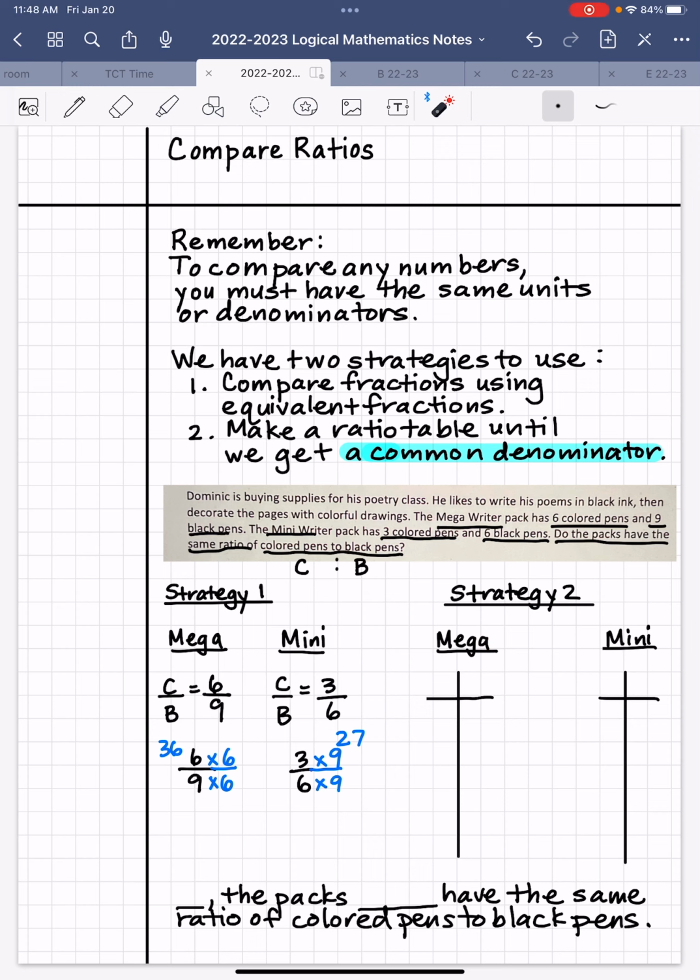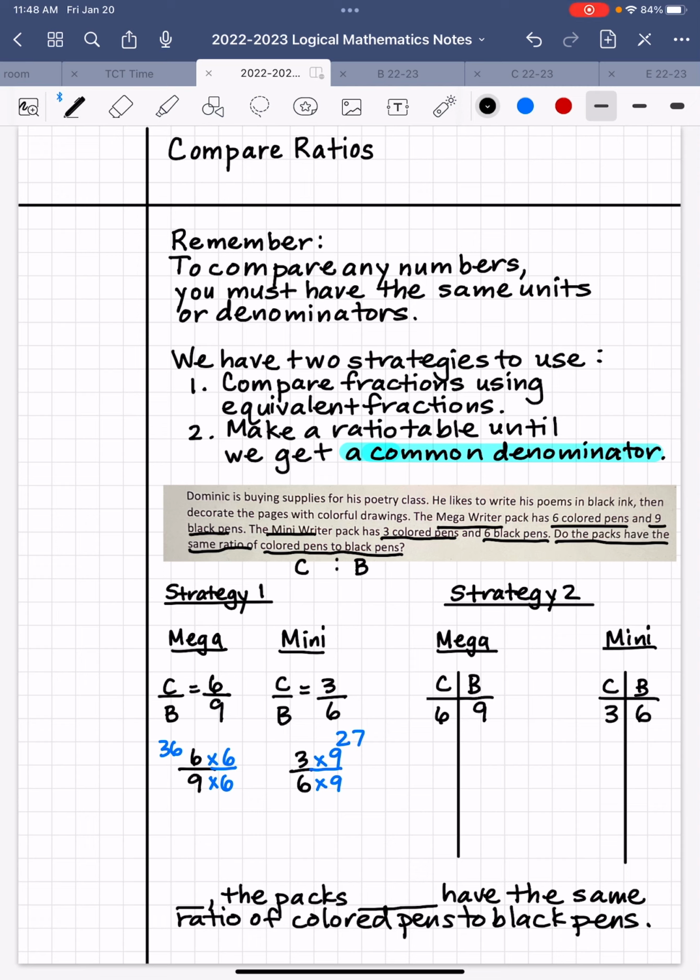So I'm going to show you the ratio table strategy as well. We are going to have Mega and Mini again, and we're going to make a ratio table for colored pens to black pens for each of them. For Mega, it's 6 to 9, and for Mini, it's 3 to 6.